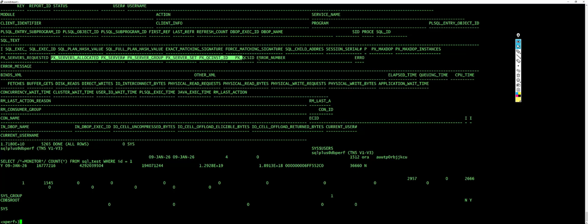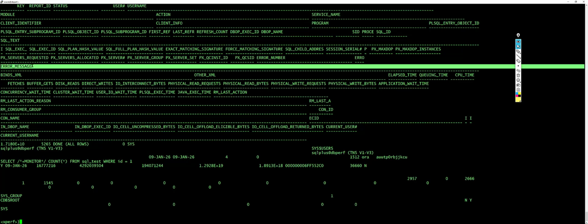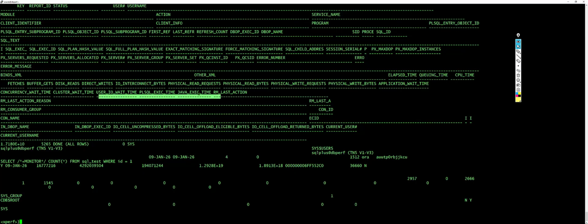Here, this view also contains more information like parallel information. If the SQL statement is using max parallel, how many degrees of parallelism are used, and if the SQL errors out, it also records the error message. Okay, and a lot more information that V$SQL cannot provide.